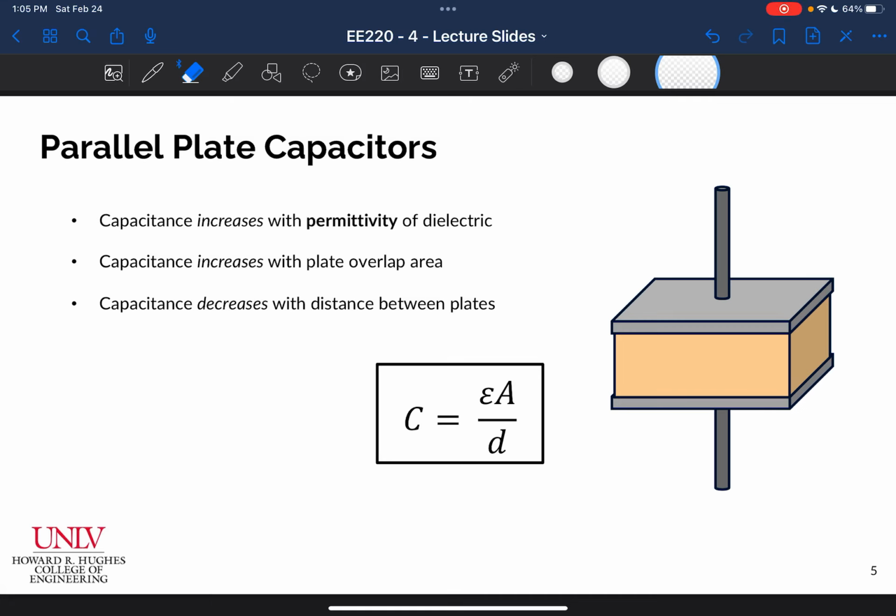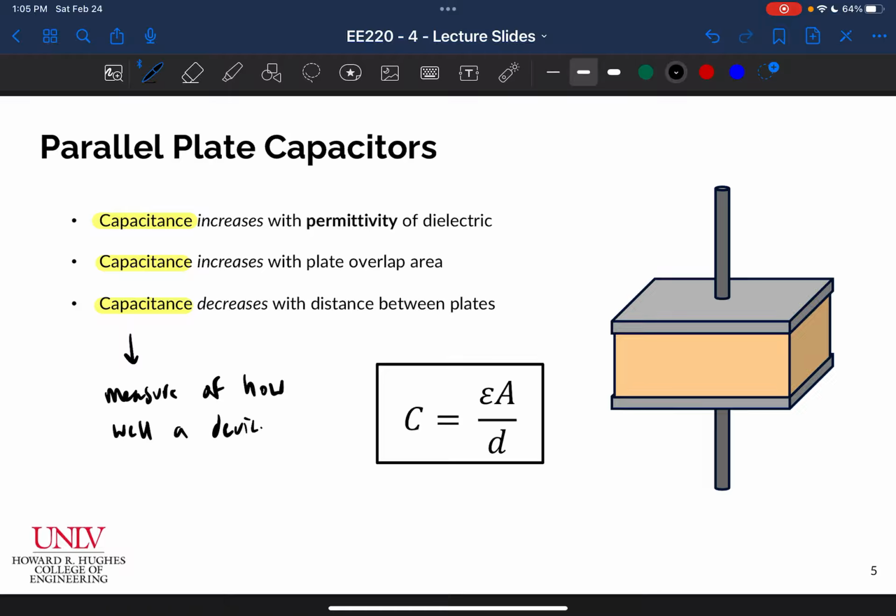All right, so now I'm going to talk about parallel plate capacitors, or parallel plate capacitance might be an even better word. You see the word capacitance in all of these bullet points. Capacitance is a measure of how well a device stores charge.